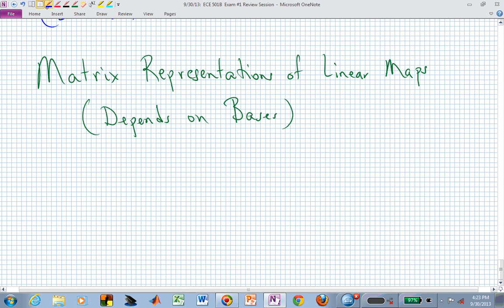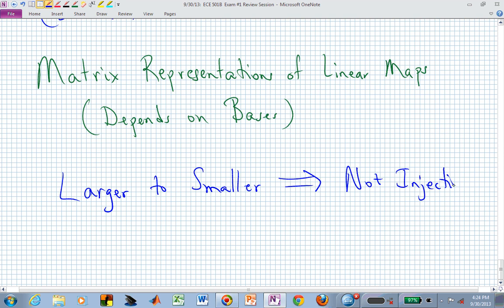Something that you can quickly start using, if somebody now gives you a couple of vector spaces and asks if the linear map between those is injective or surjective: if you go from a larger vector space to a smaller one, and here larger to smaller just has to be of one dimension, if you go from a large input space to a smaller output space, then you can immediately conclude that your map is not injective.